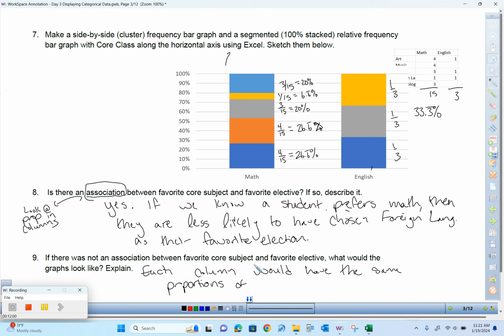And that's the second variable, whatever you're working with. Okay, so I want you to draw a little picture of how that would look.